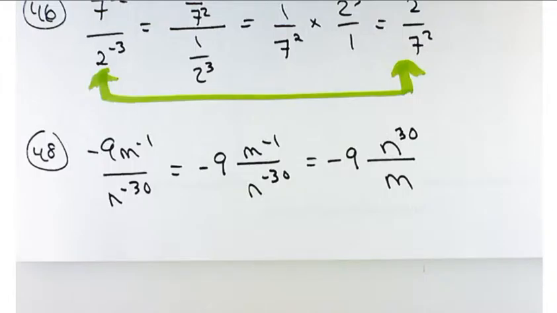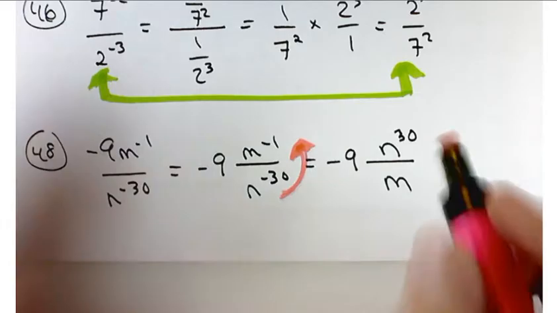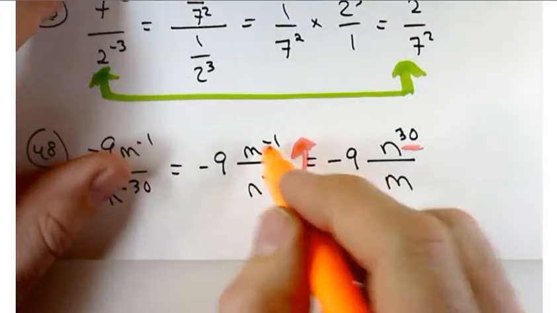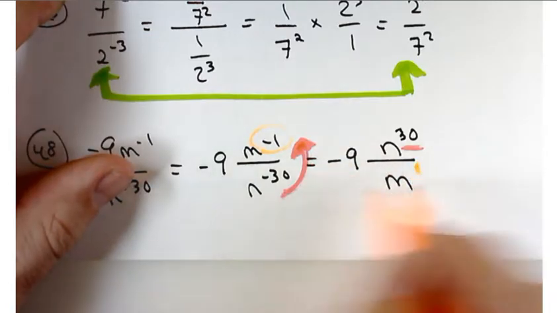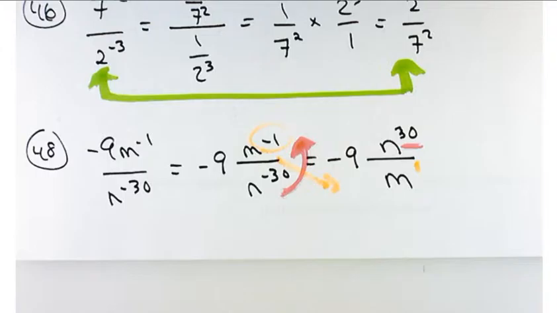Perfect. So these terms, when they switch sides, they also switch signs. So this came up to the numerator, it became a positive exponent. The other one went down to the denominator, and again became a positive exponent, even though we didn't necessarily write it. So good job.